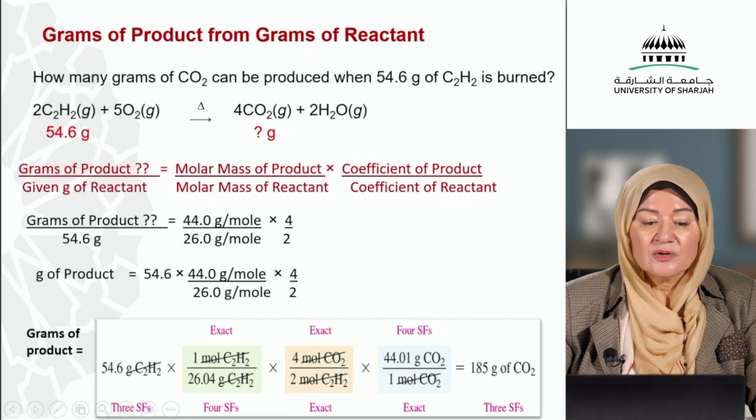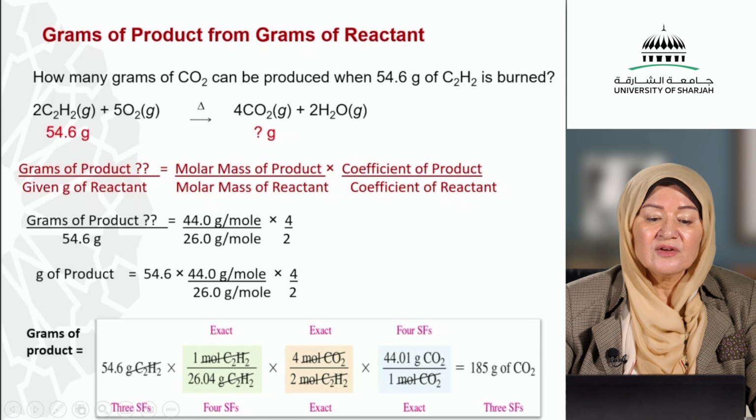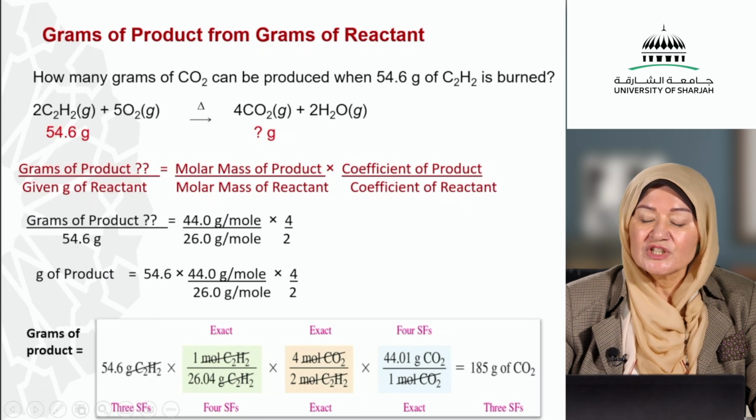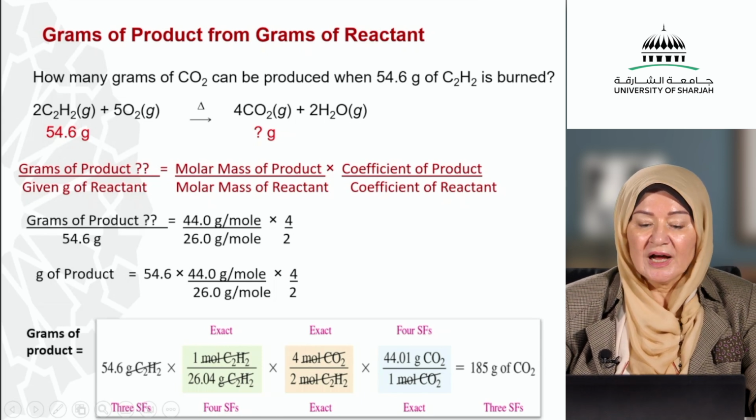I just write, they are asking me, 54.6 grams, how much will I get in grams of carbon dioxide. Here we write how many grams of the product in the numerator over the given grams of the reactant, which is 54.6, equal to the molar mass of the product, 44, which is the carbon dioxide, over the molar mass of the reactant, which is the acetylene, 26.0, times the coefficient of the product over the coefficient of the reactant.